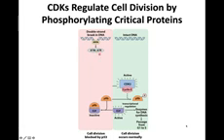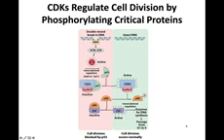ATM and ATR activate the transcription factor P53. Active P53 promotes the synthesis of another protein, P21. P21, as it happens, is an inhibitor of the CDK2 cyclin E complex.